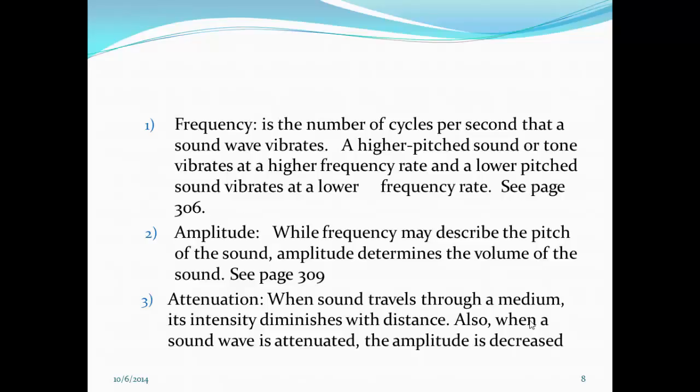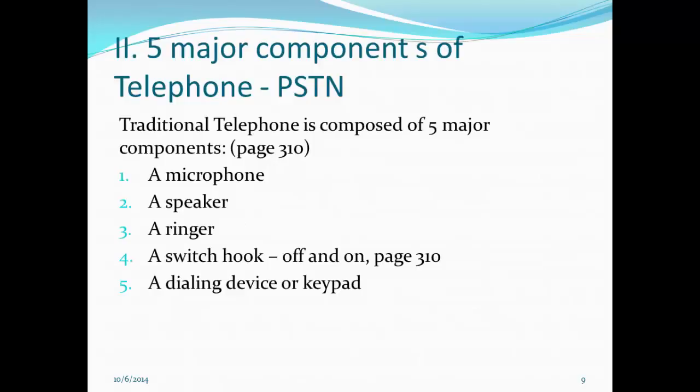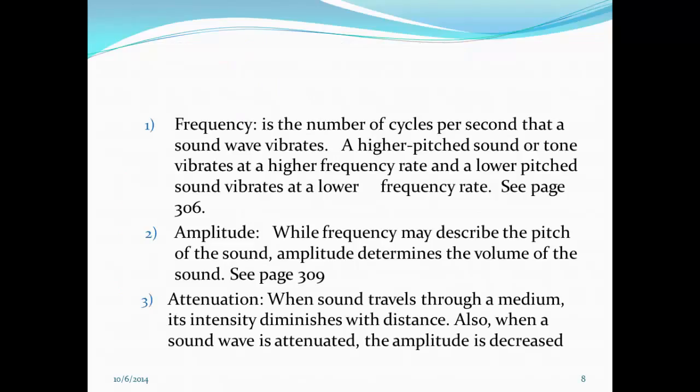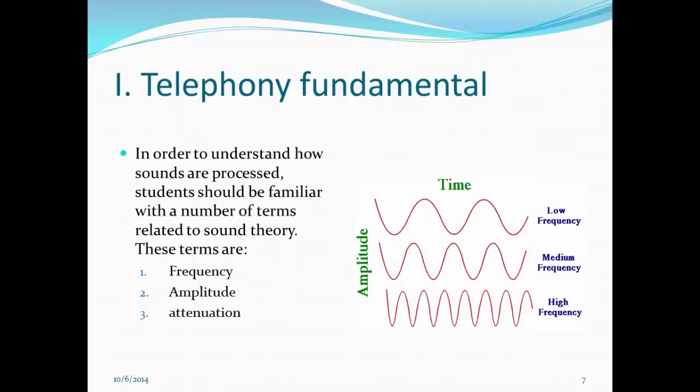Amplitude: while frequency may describe the pitch of the sound, amplitude determines the volume of the sound. As you can see here in the previous slide, if you have a low amplitude, it's just low like that. If you have a high amplitude, it's usually like this. So amplitude can be said to be the loudness of the sound.